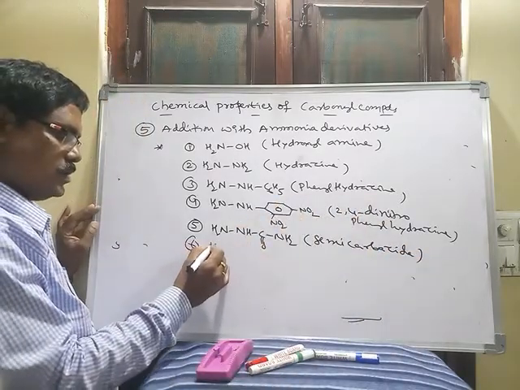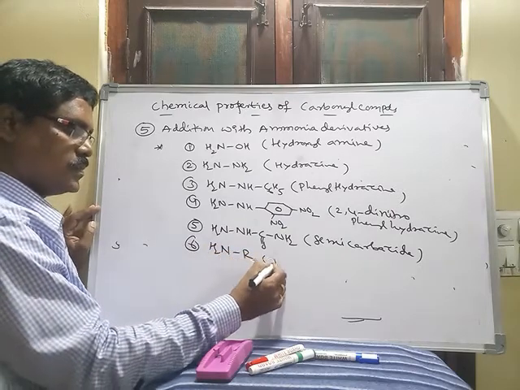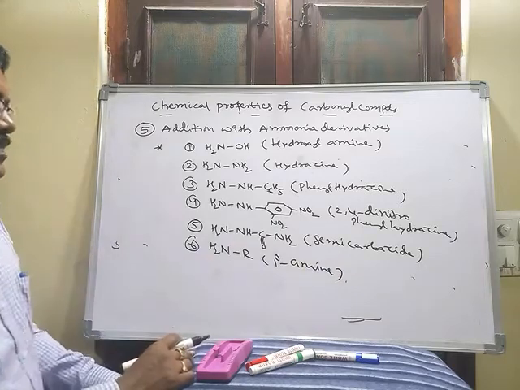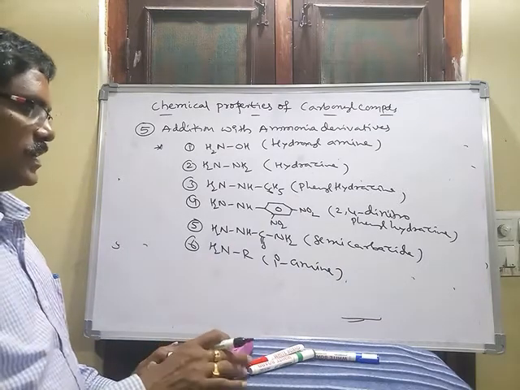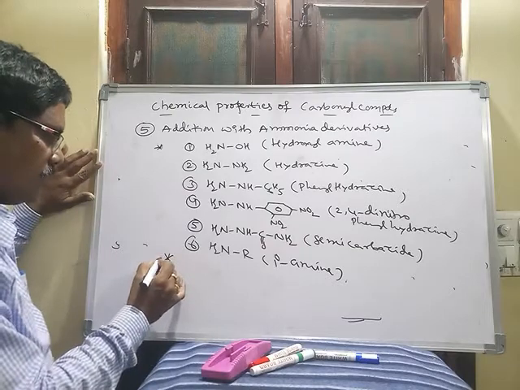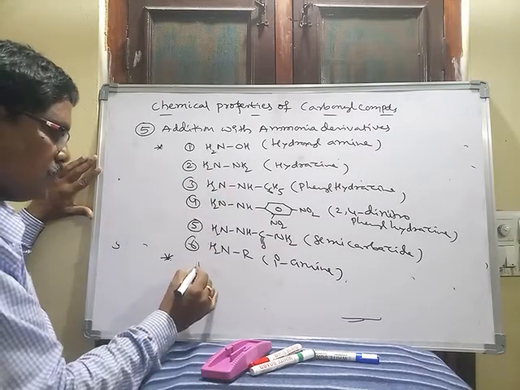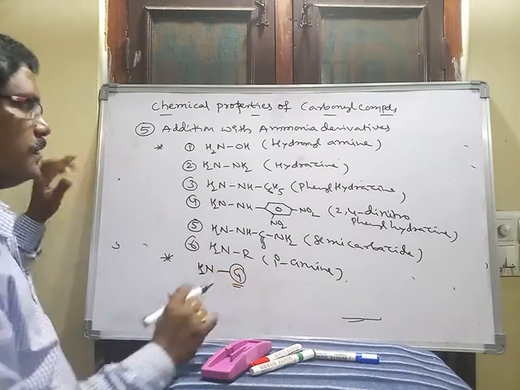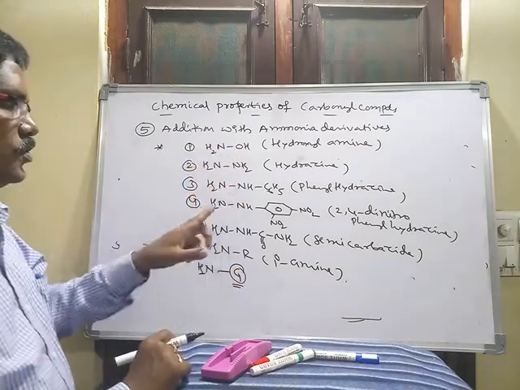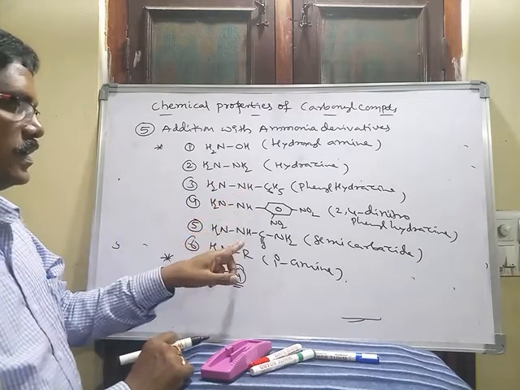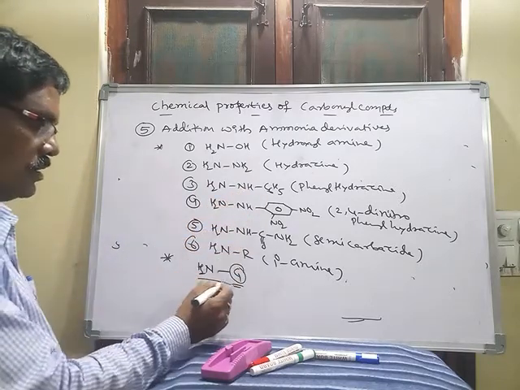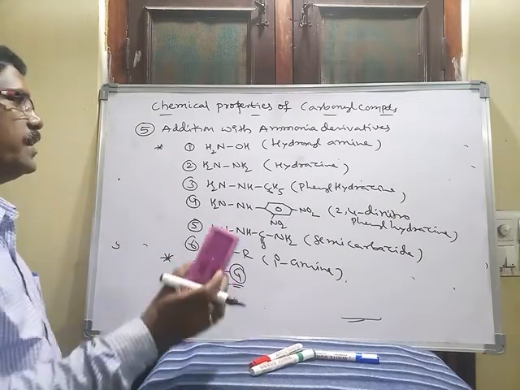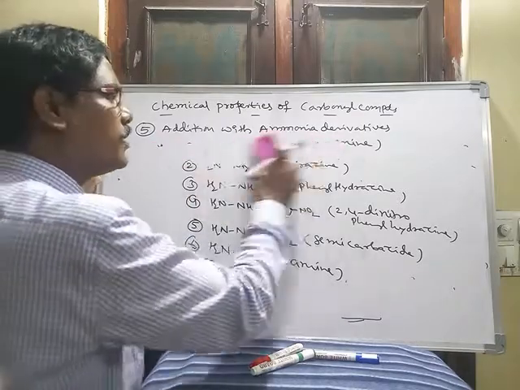One more, H2NR, is called a primary amine. These are called ammonia derivatives. The general formula of an ammonia derivative is H2N-G. Here G may be an OH group, an NH2 group, or this one and this one. All of them contain the NH2 group. Based on this, the general mechanism of this one follows.